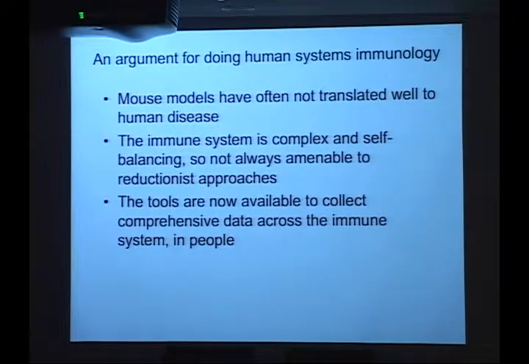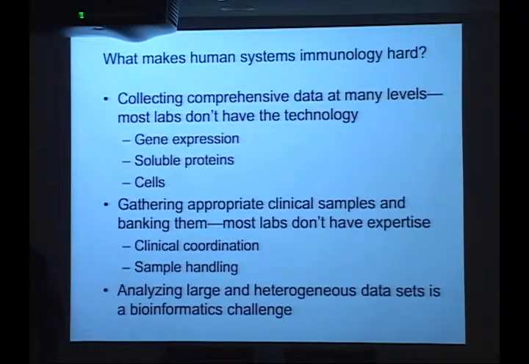So a reductionist approach that focuses on one gene or one protein is not necessarily going to tell you what happens when the complete system is intact. And furthermore, we now have technologies that allow us to collect much more comprehensive data than ever before, and to do so actually in people.